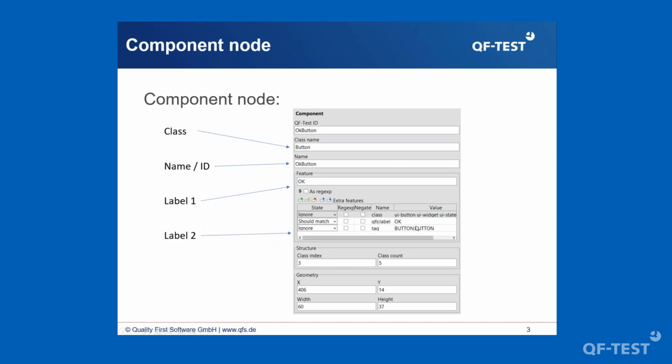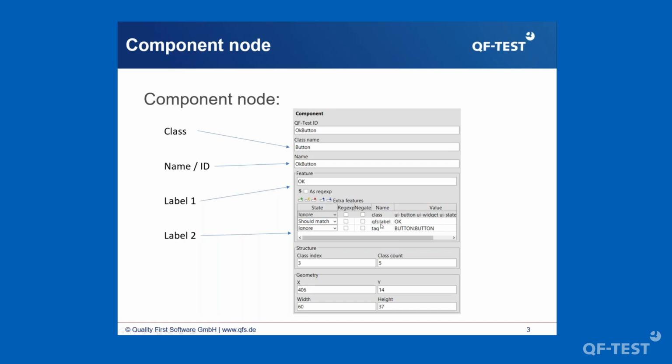Then we have another label in the extra features, the QFS label, which is, in the case of the button, the text directly associated with it. But with text fields, it does make sense to use the text of the text field for component recognition. But there it's better to look for a label somewhere around the text field and use the text of the label for that.